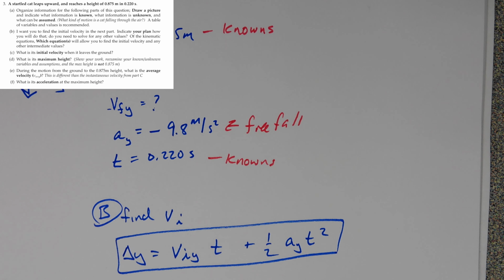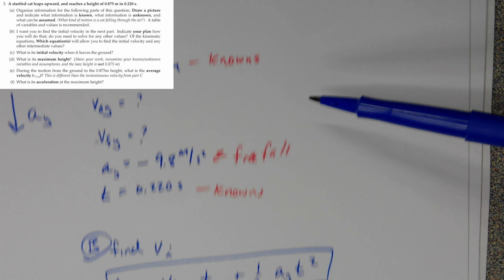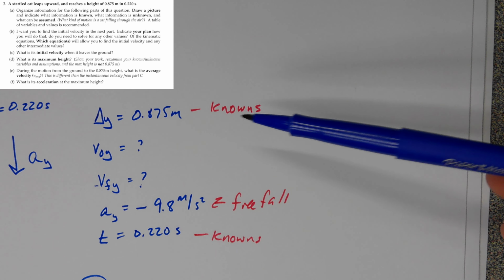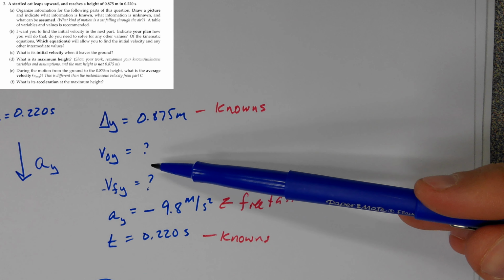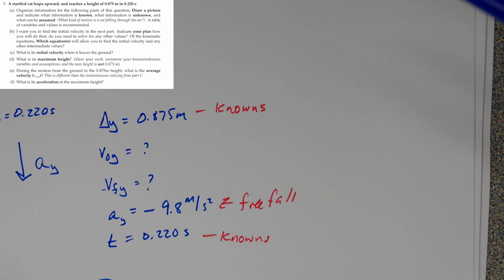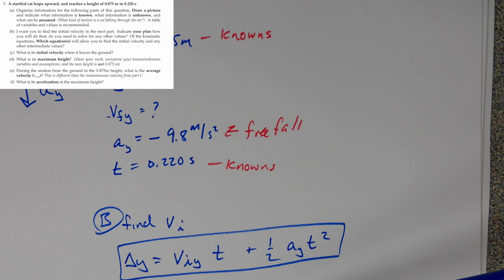All right. This is what I'm looking for: can you pick the equation based on what you know and don't know? I'm judging this based on what you tell me up here. If you think that you know the v initial, then I'll say, well, if you know the v initial, why are you trying to find it?